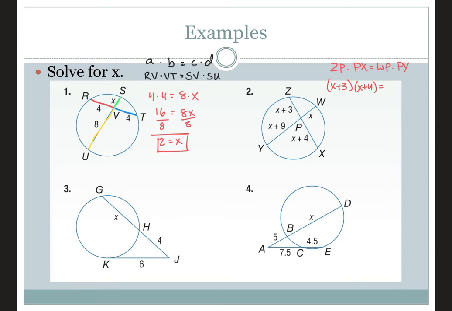Then I have WP, which is just x. And then I have PY, which is x plus 9. All right, now I have a binomial times a binomial, which means I need to FOIL. So I'm going to multiply my x's together.